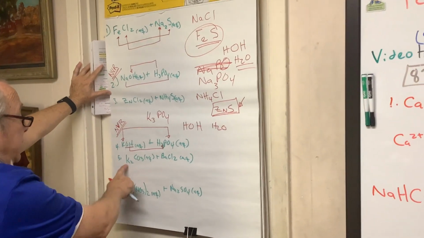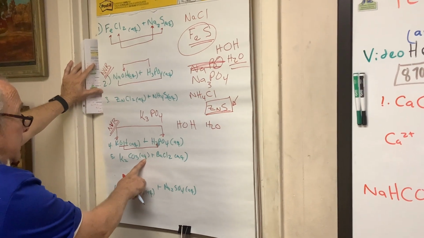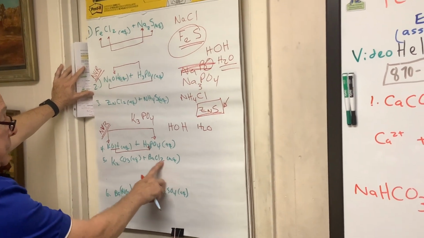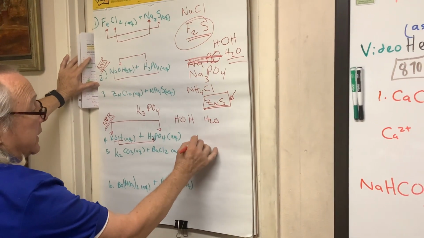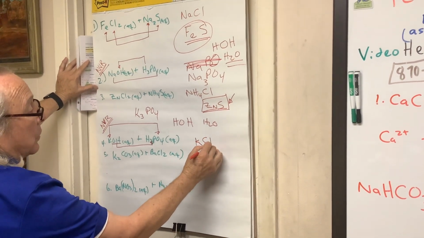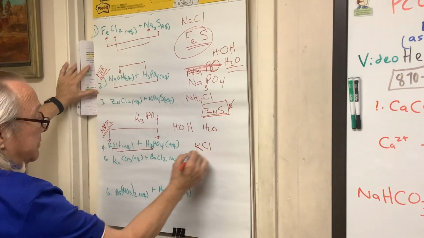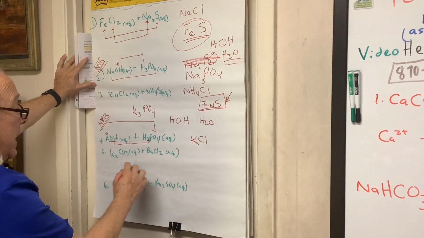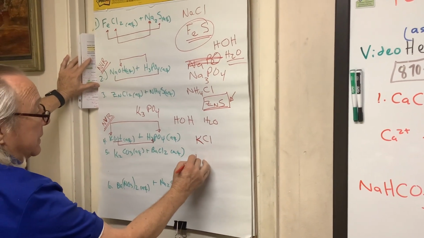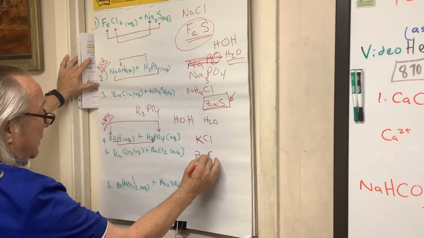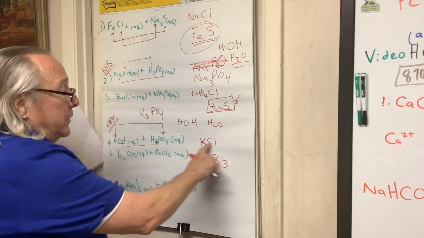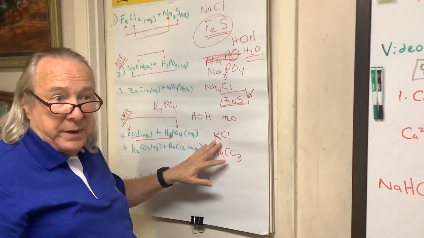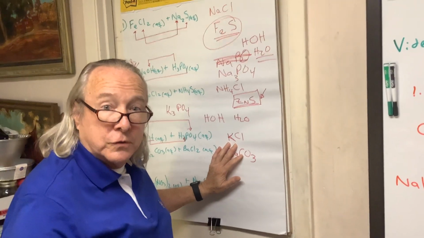Next one, potassium carbonate, aqueous solution, is mixed with an aqueous solution of barium chloride, and I'm going to get potassium chloride, KCl, 2 of them, and barium carbonate. Potassium is a group 1 metal. Its salts are all soluble.